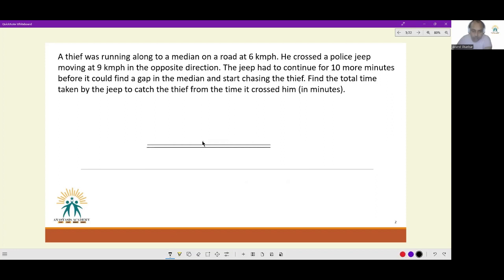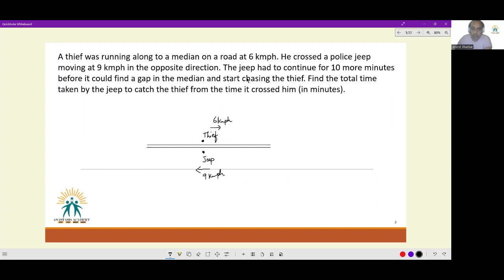Let's say this is where the thief is. He's running at 6 kmph. He crossed a police jeep moving at 9 kmph in the opposite direction. So the jeep is here. Jeep is moving in the opposite direction at 9 kmph.